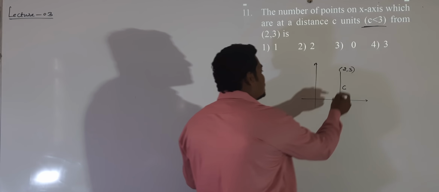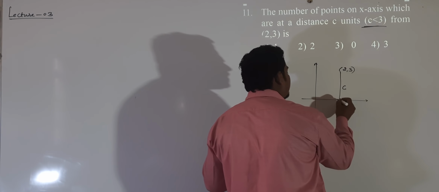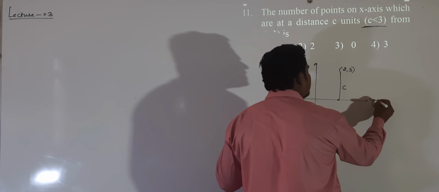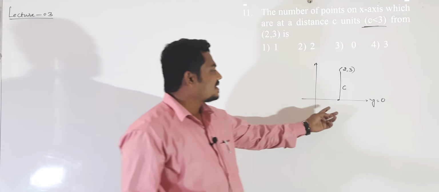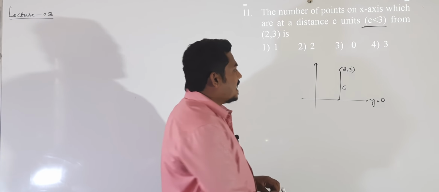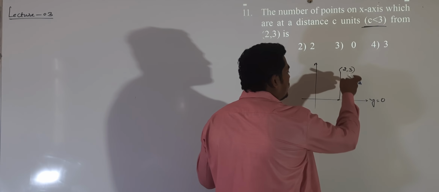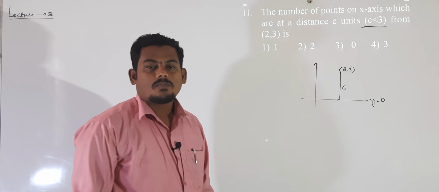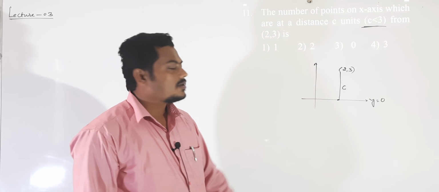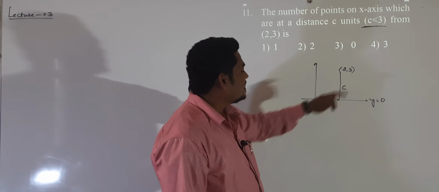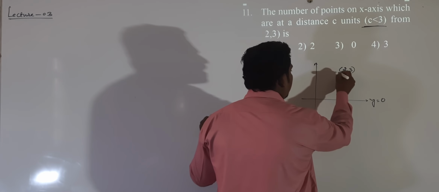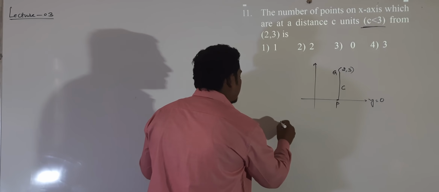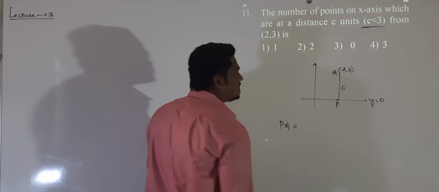If you find the distance between the x-axis and this point, what is the equation of the x-axis? Y equal to 0, right? Equation of x-axis is y equal to 0. If you use the distance between point and line formula, this is the line and this is the point, then if I take this point P and this point Q, in this case what is the PQ distance?